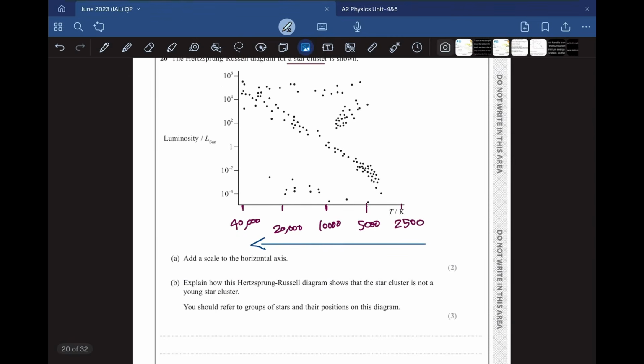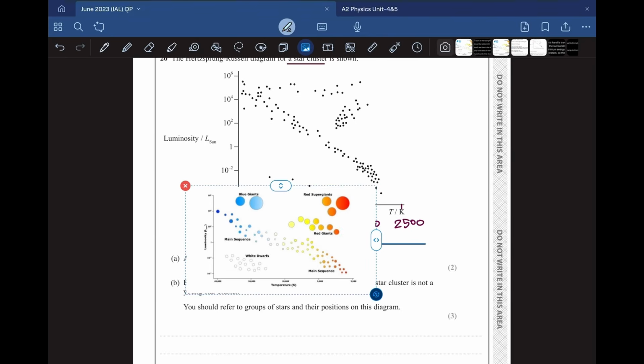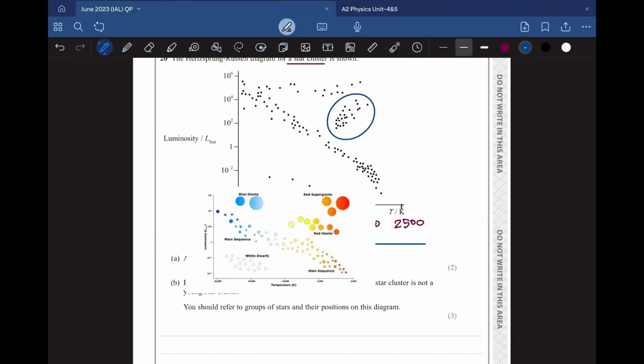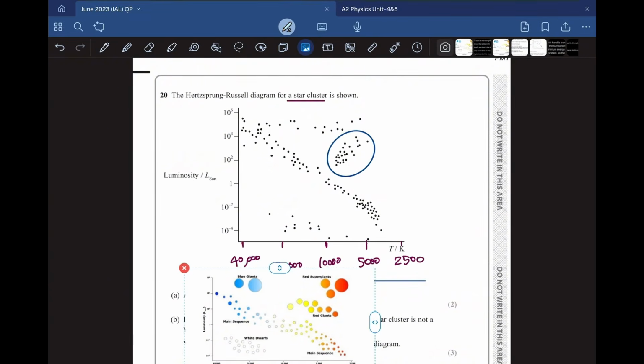Now if you look at the HR diagram, we can see that these are red giants, and these are white dwarfs. So red giants and white dwarfs are present in this star cluster.